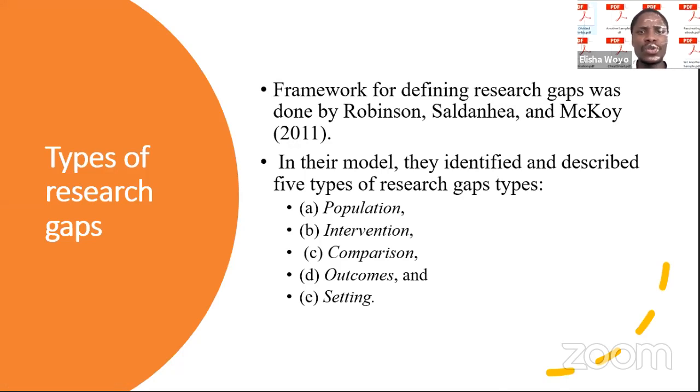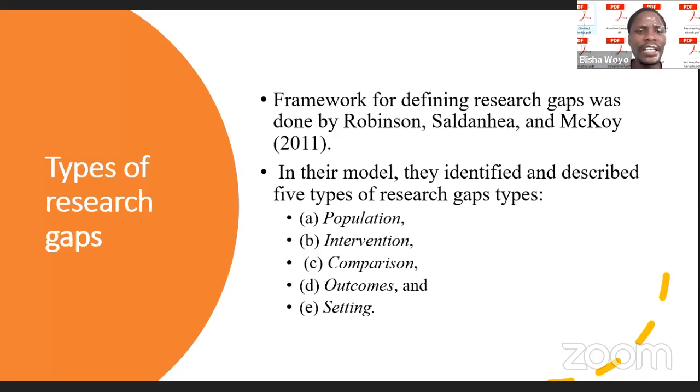So moving on to the types, there are quite a number of issues that can come into play here. There have been some frameworks that are beginning to come through, one done by Robinson et al. 2011, and in their model, they described around 5 types of research gaps, in which case they talk about issues around population, issues around intervention, issues around comparison, issues around the outcomes.